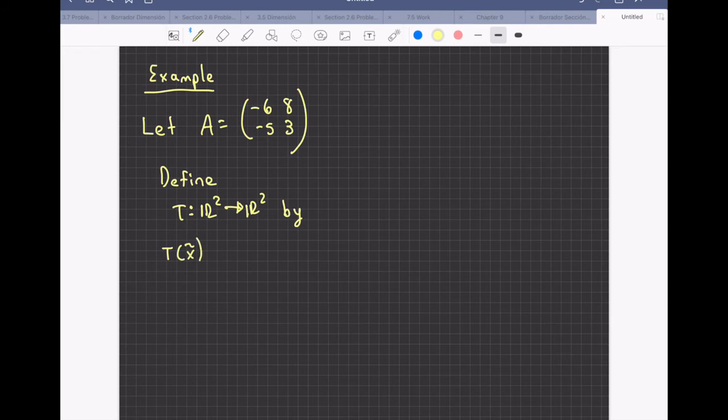T of x is going to be equal to the matrix times x. And notice, this is well defined always because this matrix has size 2 by 2. So when I multiply times a vector that has size 2 by 1, always this is going to return a vector with size 2 by 1. Because of how we multiply matrices, this transformation is well defined. So now let's find some values.